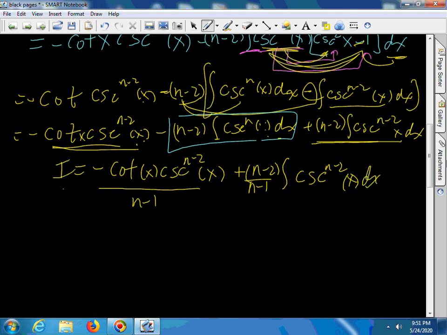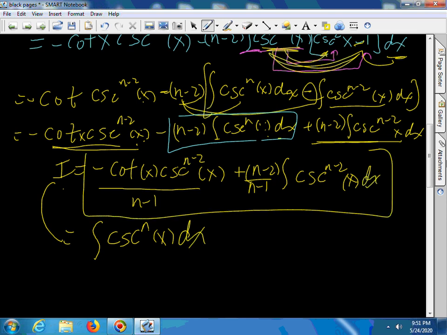But remember, I originally was the integral of cosecant^n of x dx. So now we have a formula where the new integral, the power has been reduced. It's still in the same form, but the power went down. You know, if the power was 20, well, you do all this, you get the power of 18.